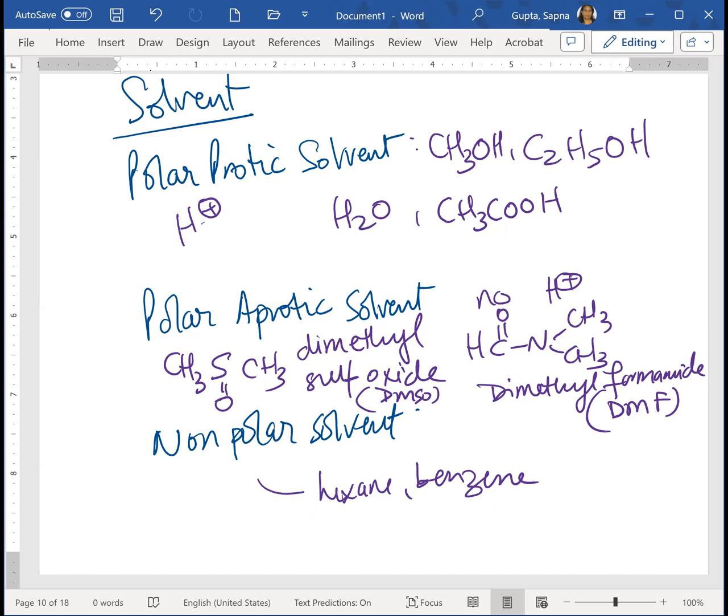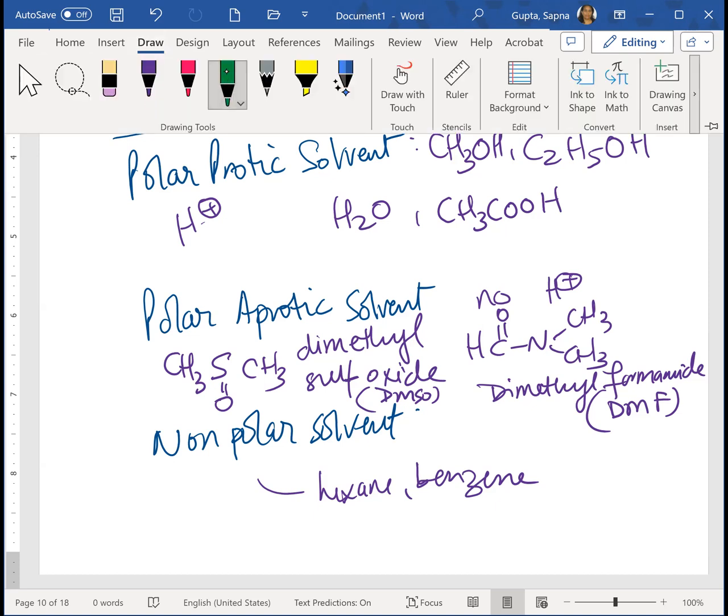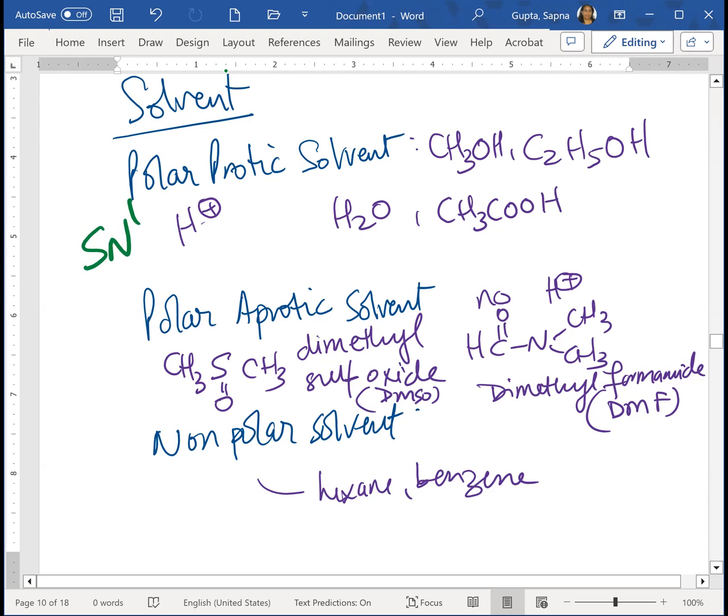So the question is, what do I use? For what? So the answer is the polar protic solvents you use for SN1. There is polarity in there, and for SN1 reaction, you need to stabilize the carbocation. Polar aprotic are used for SN2.